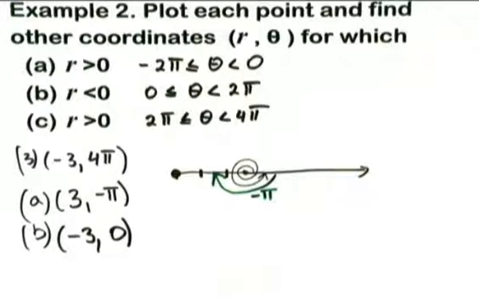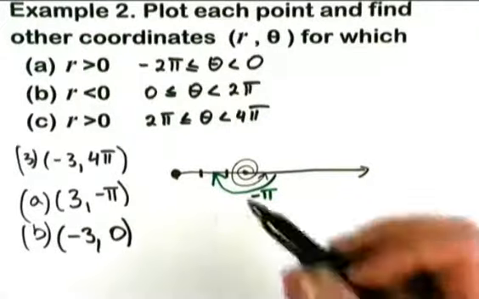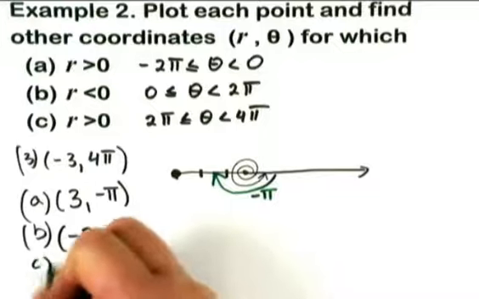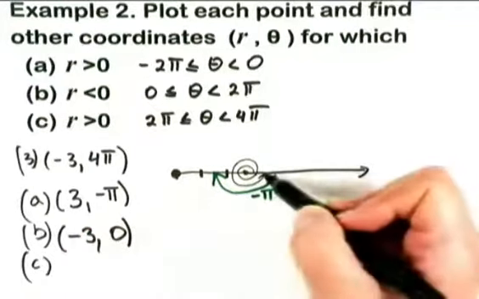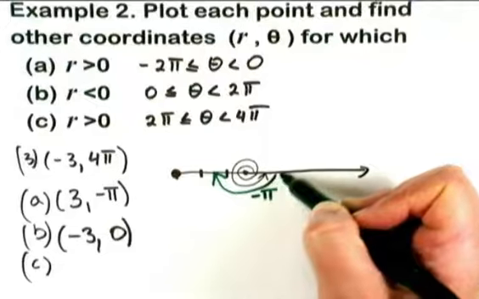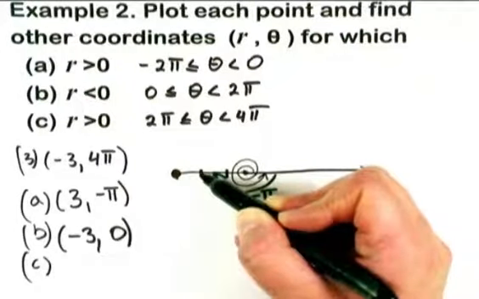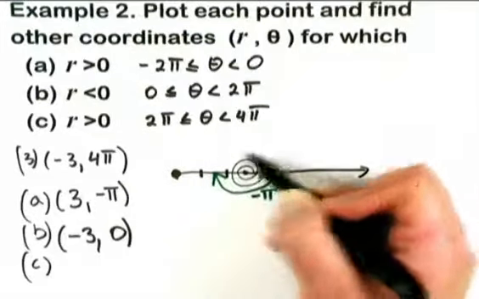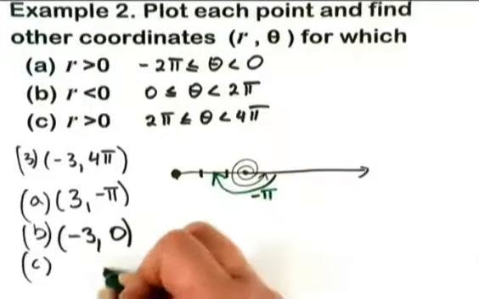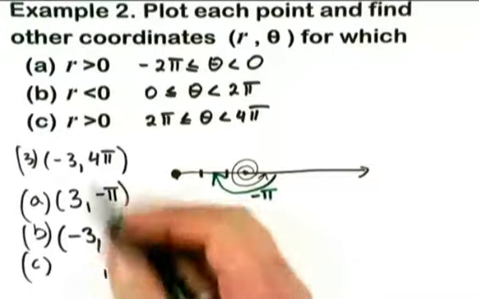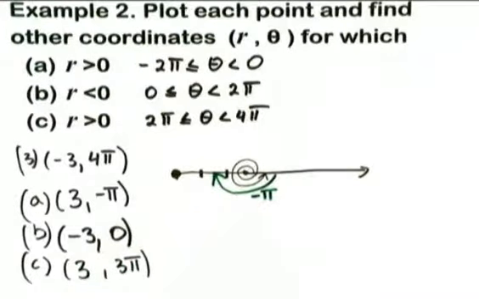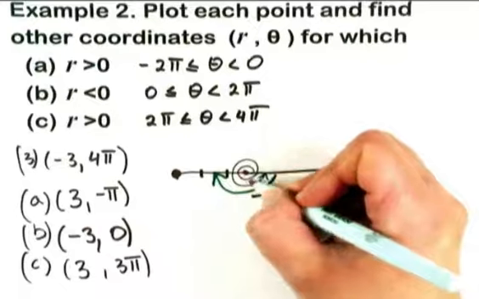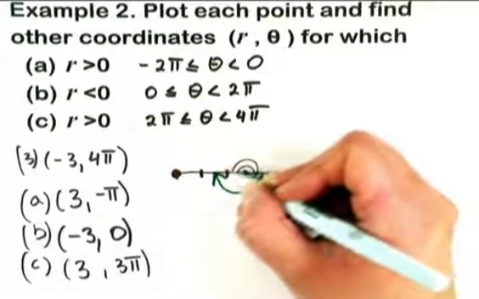And for C, they ask me to go 1 rotation. So I need to go 1, 2 pi, and finish on this side as well. So it's 3 pi. 1 pi, 2 pi, and 3 pi is right here. So the angle is 3 pi, and R needs to be positive, so it is 3 and 3 pi. 3 pi angle is a full rotation, and then right here.